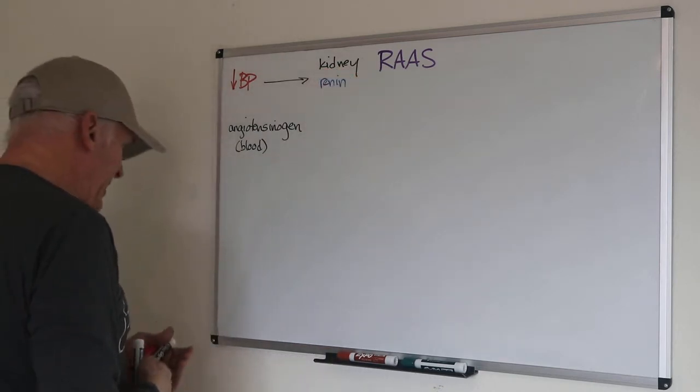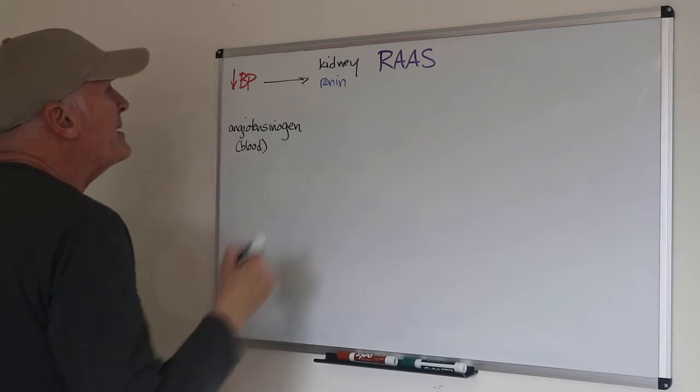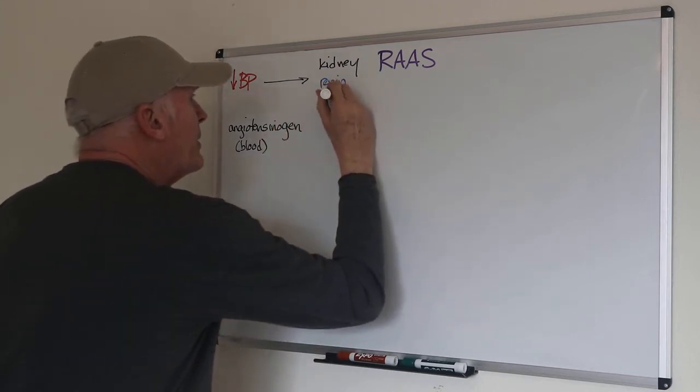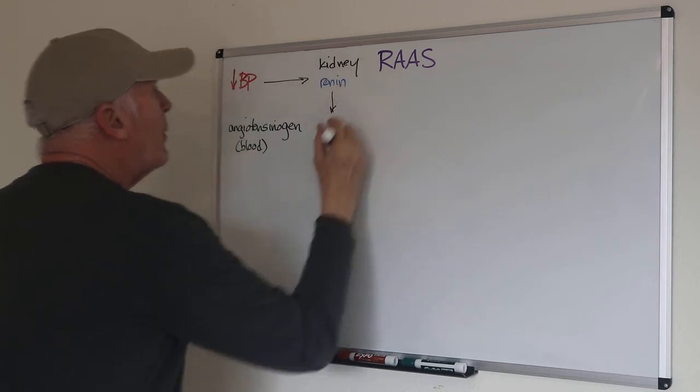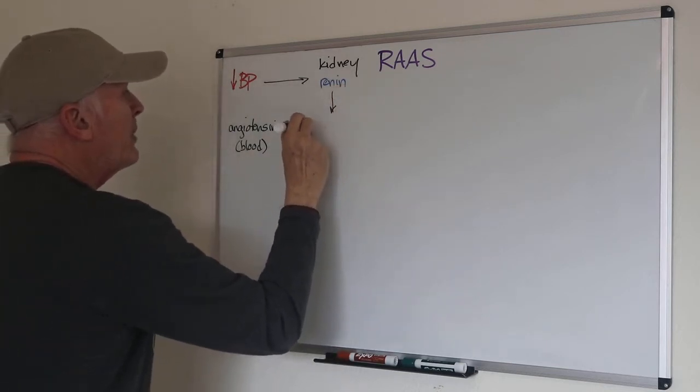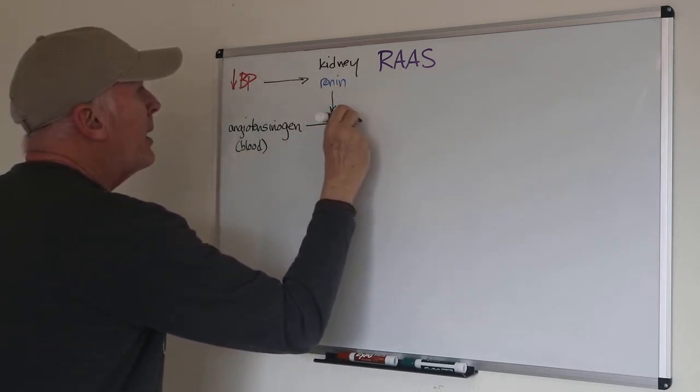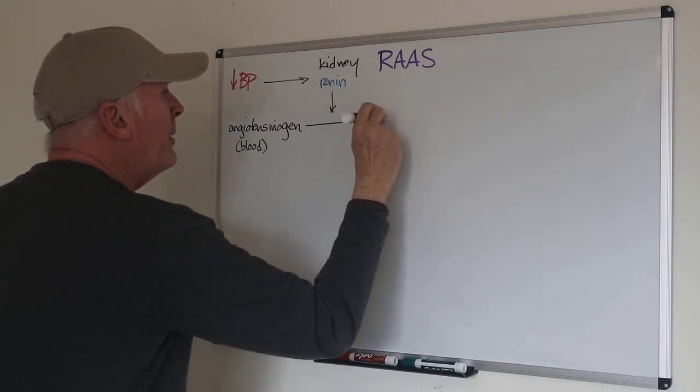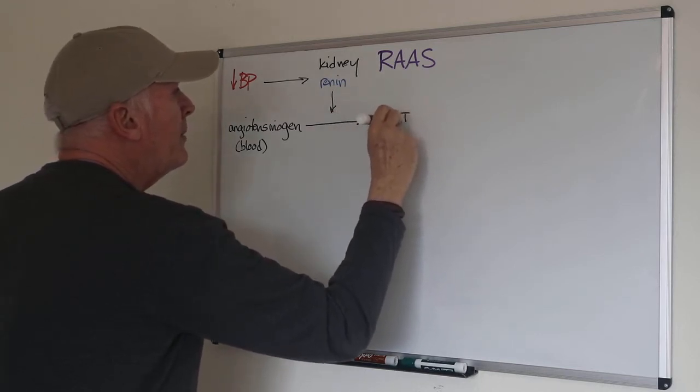Renin is released into the blood, and once it gets into the blood, renin is going to be the agent that will convert the zymogen angiotensinogen into angiotensin 1, AT1.